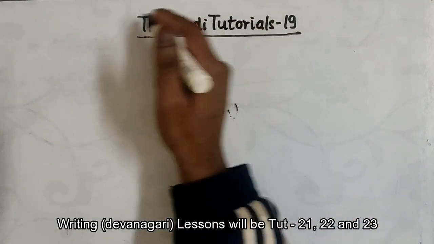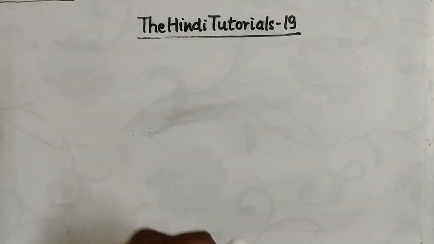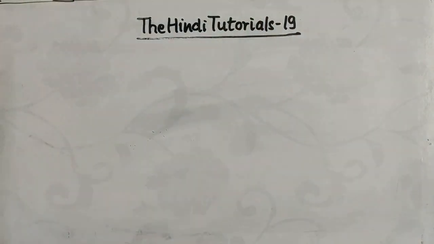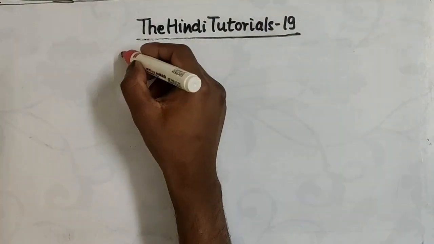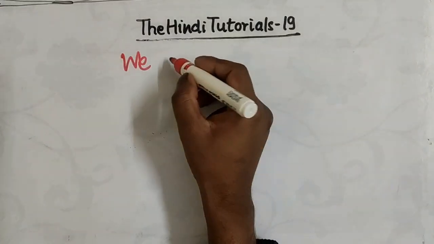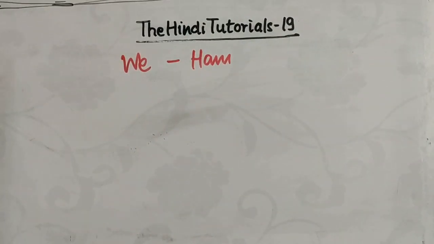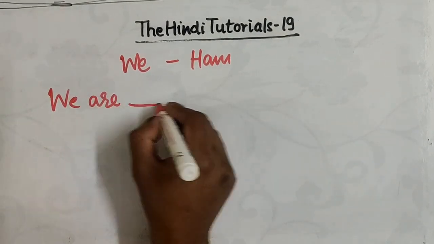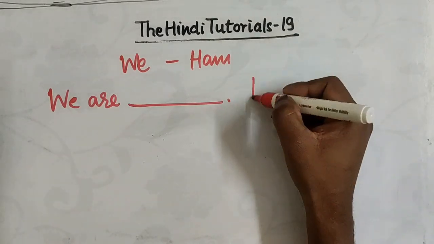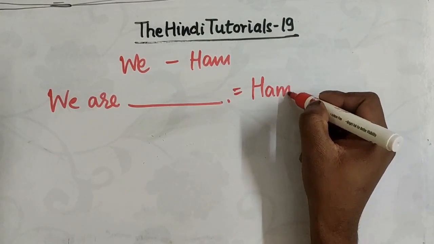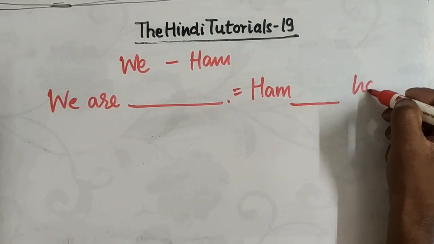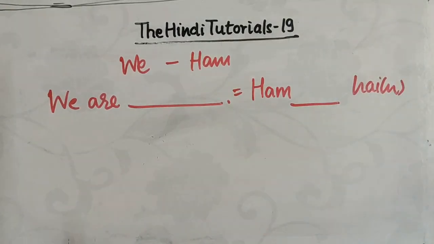Now the first case that I'm going to tell you is with we, that is hum. Whenever we want to say a sentence like we are dash, we will say hum dash हैं. ठीक है?